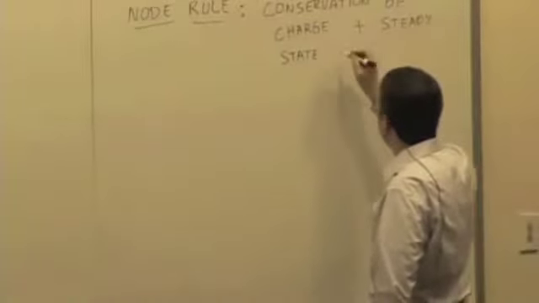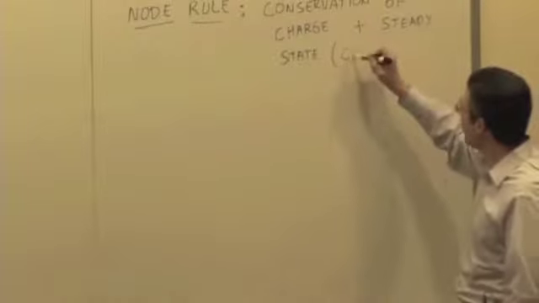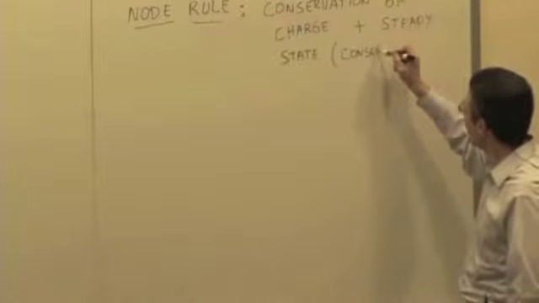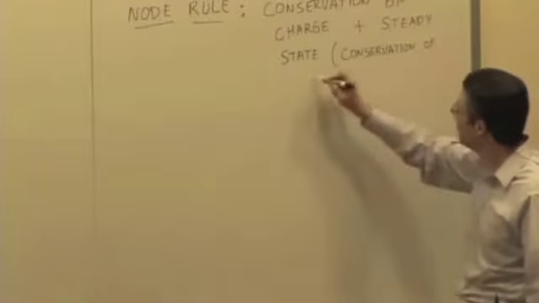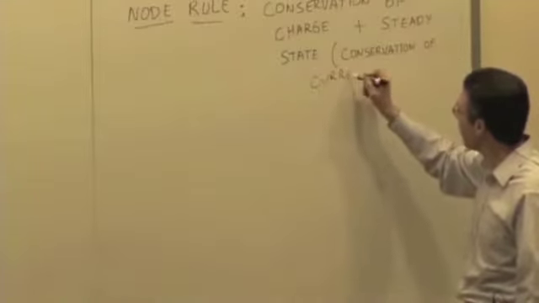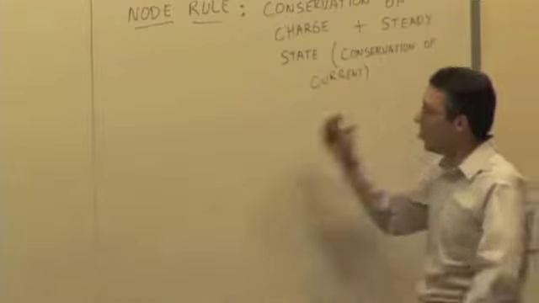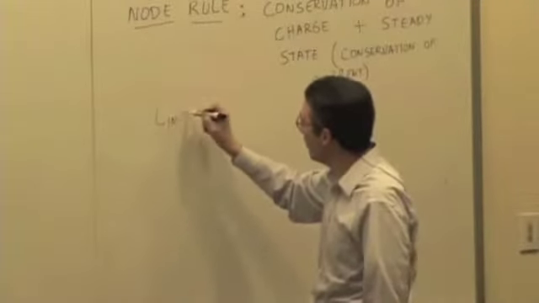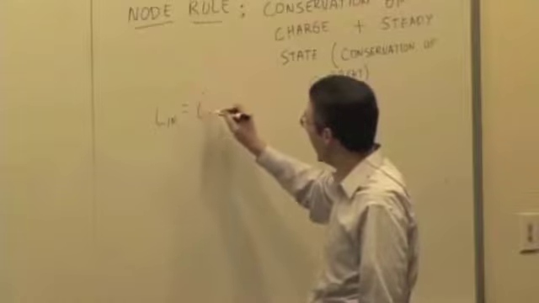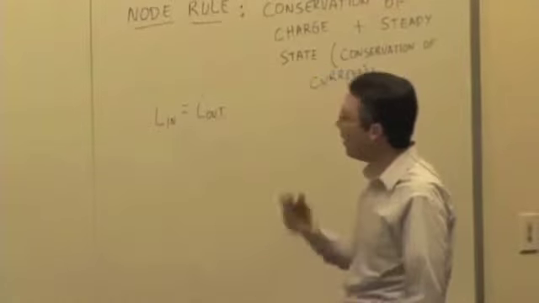You could think of this as sort of a conservation of current rule in that sense. And the node rule simply says that in the steady state, the current in has to be equal to the current out of a node.